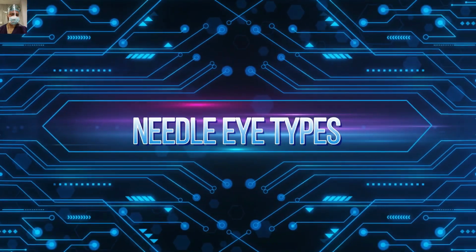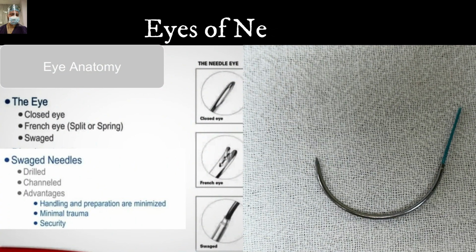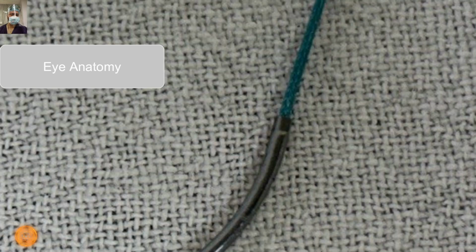From a historical aspect, there are different types of eyes of the needle, like the closed eye, the French eye, and the swaged end. For all practical purposes, in the present era, you will use only the swaged end, where the thread is inserted inside the shaft of the needle body.